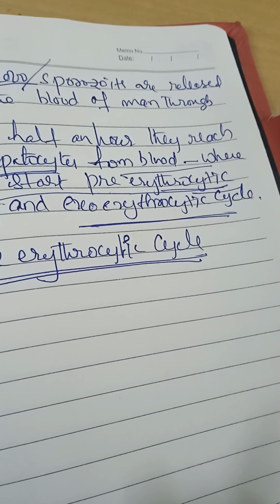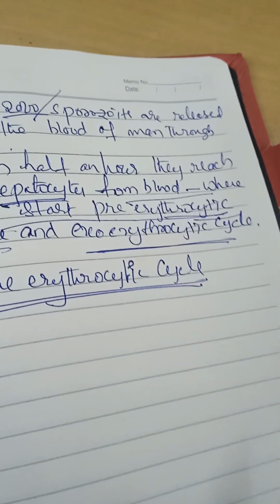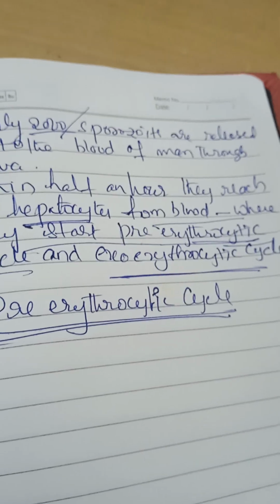Whenever the mosquito bites, the sporozoites reach the liver cells and they transform into trophozoites.